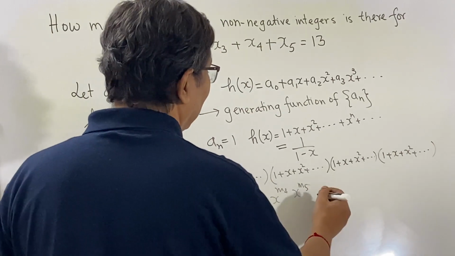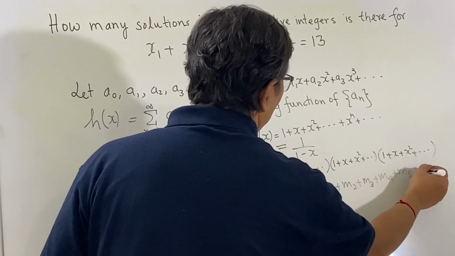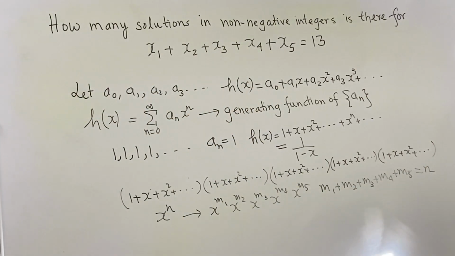The main property is that if we are summing up m1 to m5, then we must get n. So that is the defining property that we have.